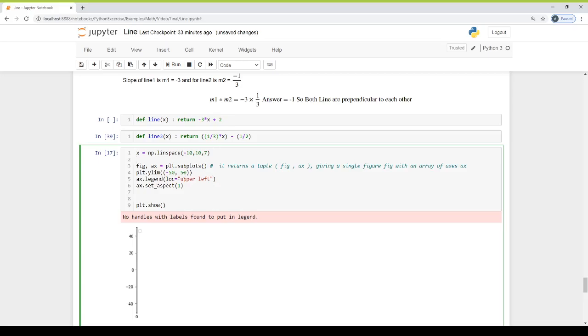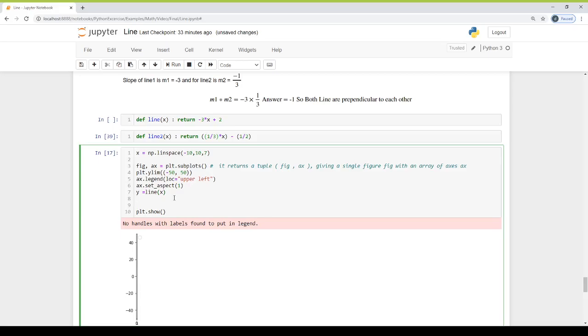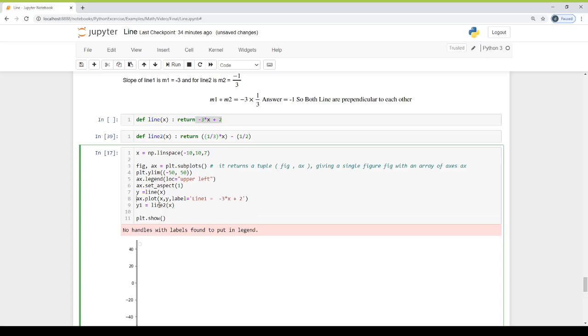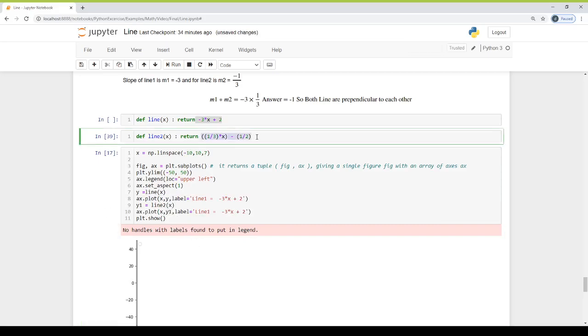First, x from minus 10 to 10, 7 values, and y is equal to line 1 of x. Then ax.plot(x, y, label), and this is our label for line 1, and next y1 is equal to line 2, and we will pass the value of x, and then ax.plot with y1 and our label is this line equation.